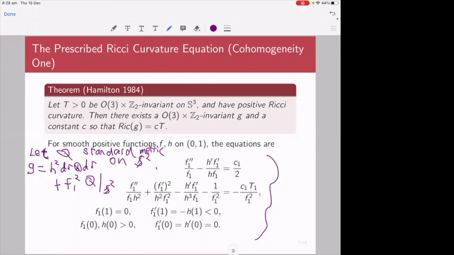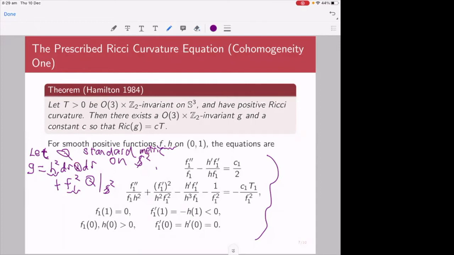So in terms of the picture we had before, this f function is describing how big any one of these S2 fibers are. So clearly at r equals 1 and r equals -1, f1 needs to vanish. H squared is describing how quickly we're traveling through this manifold here. So that's G. So the point is, for these equations, we're trying to find positive functions f and h.